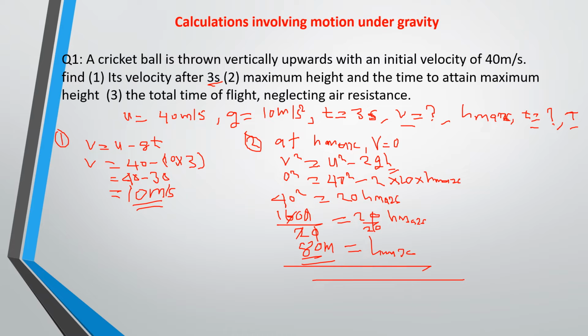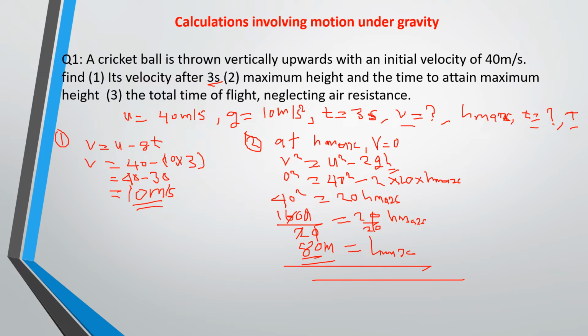So this is your maximum height attained. Okay, so you see how the equations are applied. Then the time to attain this maximum height is what we're going to look for now, right?